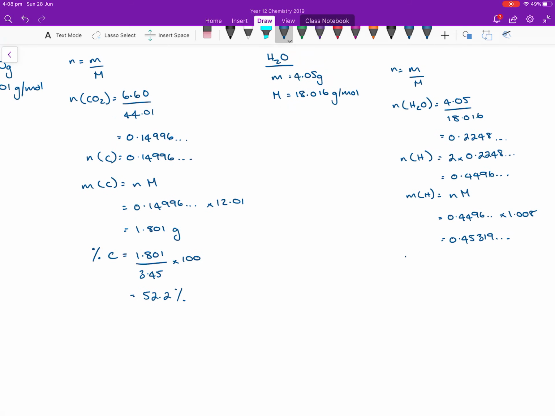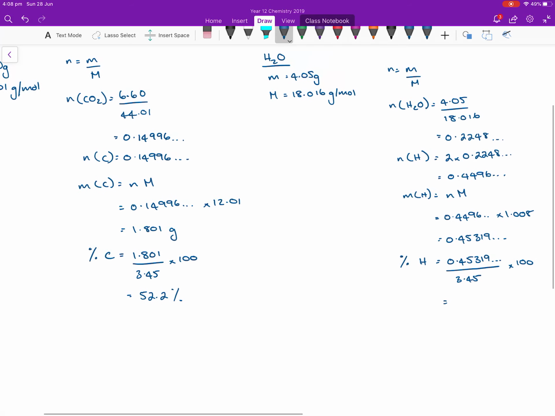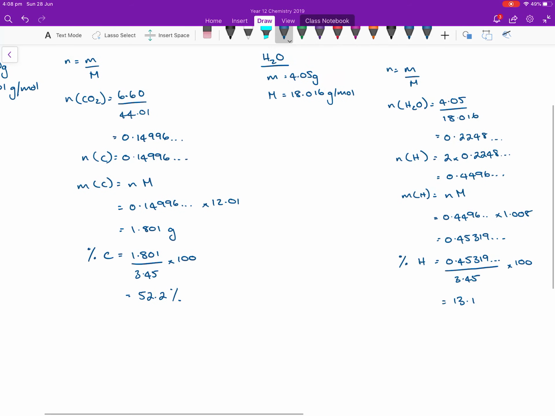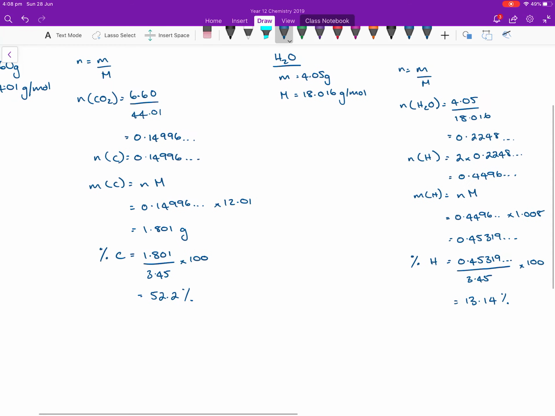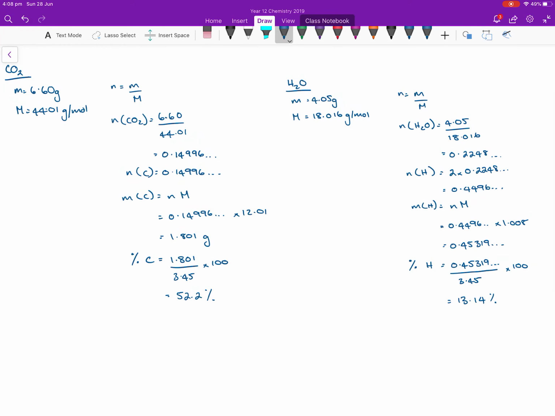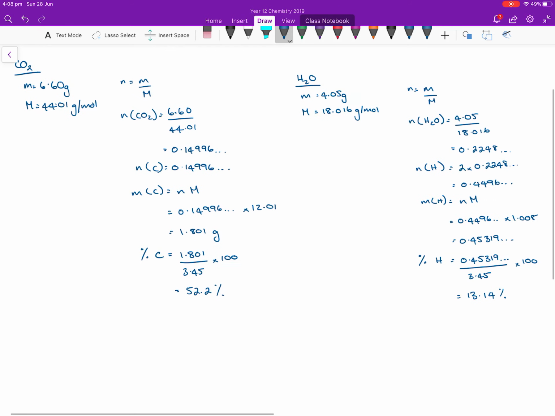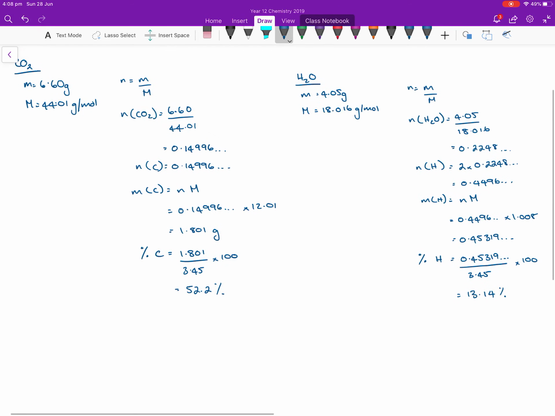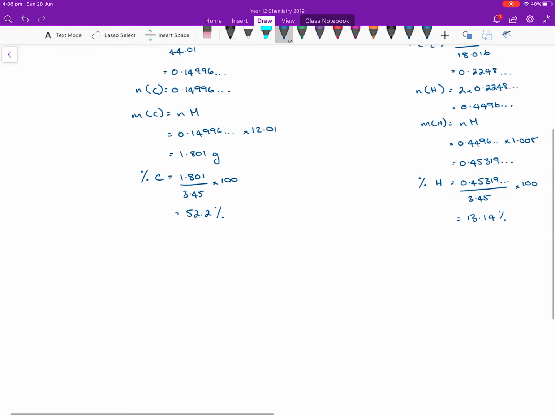And then the next step is to calculate the percentage of hydrogen. So remembering it's the mass that we've got, 0.45319 out of the mass of the sample, so 3.45, times 100 gives us 13.14%. So now that we know the percentage of those two, we can use that to work out the percentage of oxygen. Remembering we cannot work out the oxygen from the carbon dioxide and water.